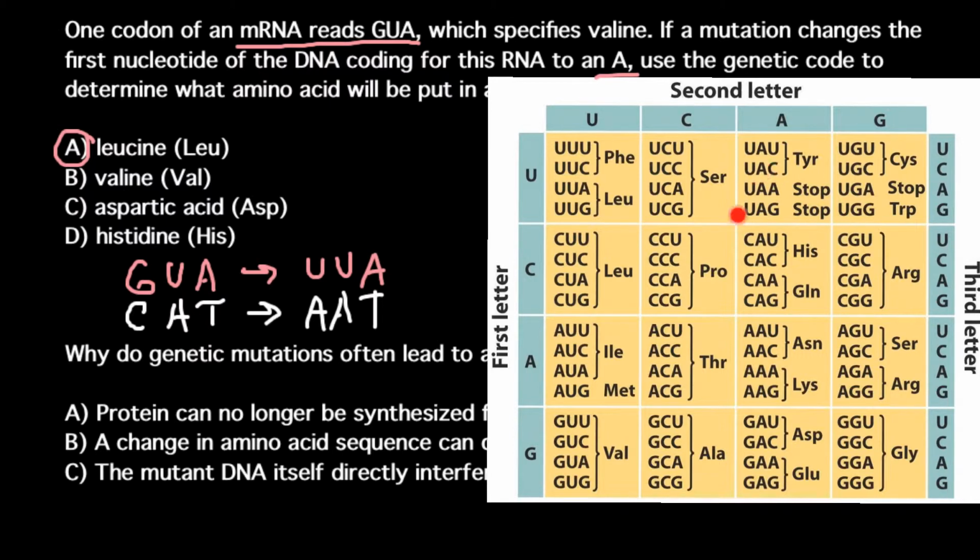We have three stop codons: UAA, UAG, and UGA. And if at the beginning of the protein a normal sequence that codes for a normal amino acid is changed to a sequence that codes for a stop codon, of course this protein would be non-functional.